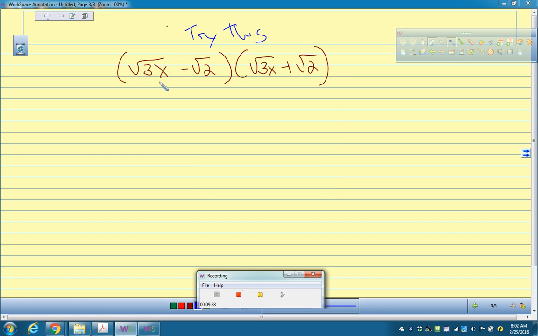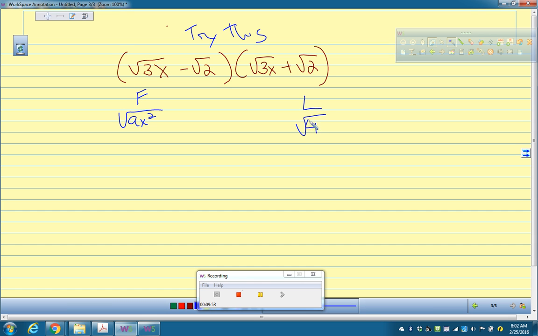So, if you multiply these out, most of you found that the first term gives you the square root of 9x squared, right? And the last term gives you the square root of 4.